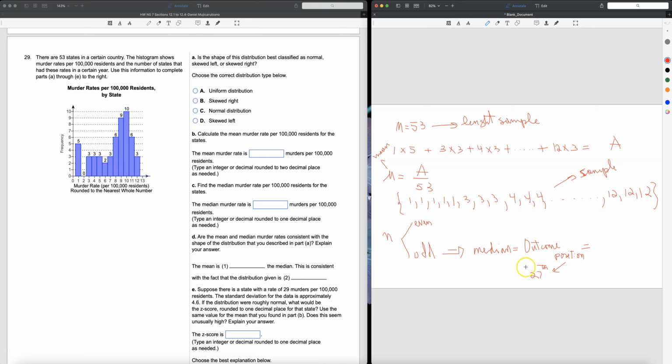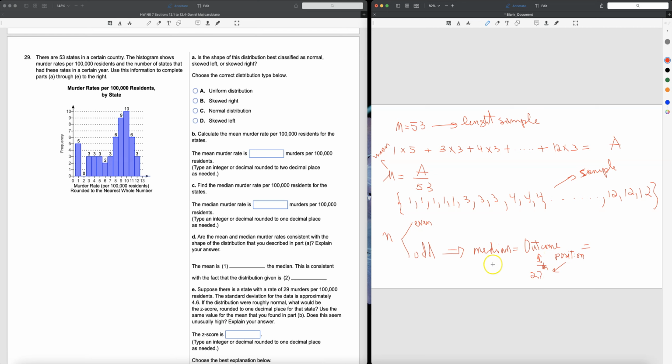So we need to know what was the outcome in this position 27th. Of course, if you were patient and created your complete list, you can identify the middle of the list and check what is in this position.